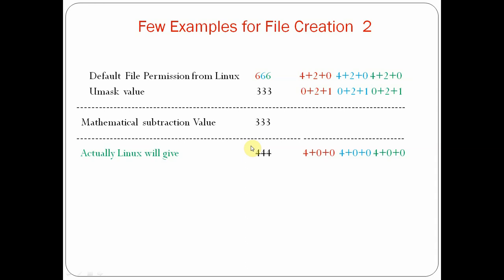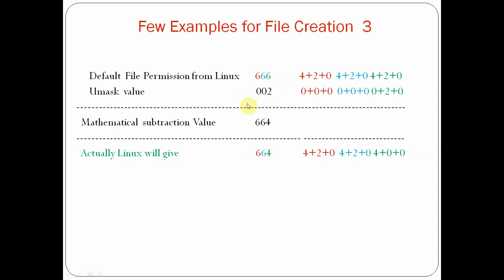Now let me go through one more example so it will be more clear for you. In our Linux systems, whether it is CentOS, Ubuntu or Fedora, whatever the Linux OS, the default value of umask is 002. So we are going to explore this example with the default value.